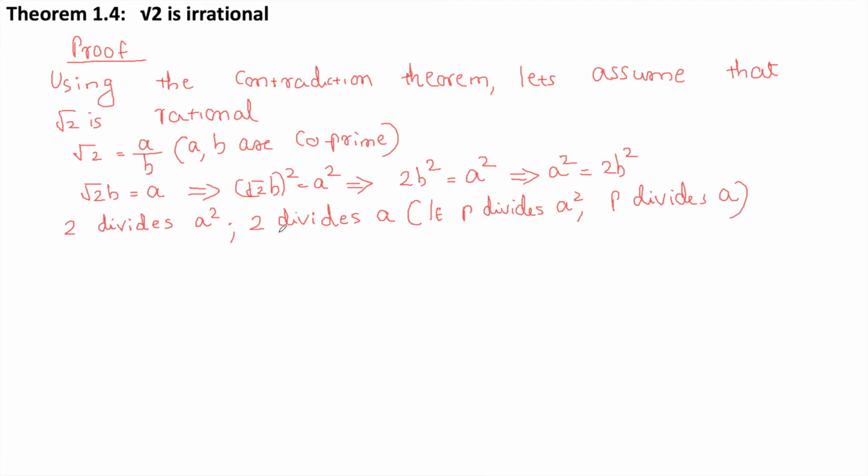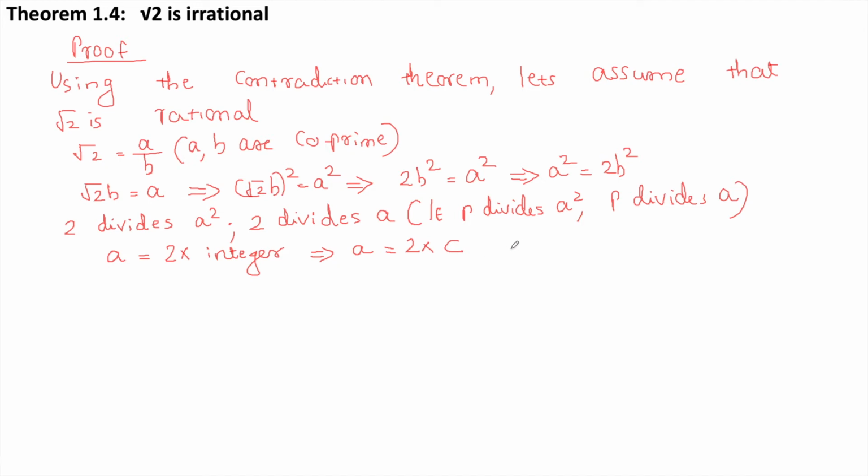Okay, so if 2 divides a, that means 2 is a factor of a, then we can write it as a is equal to 2 into any integer. Okay, we can rewrite it like that. This means a is equal to 2 into c, for some integer, I take the value c here.